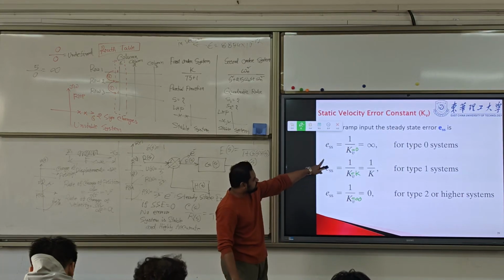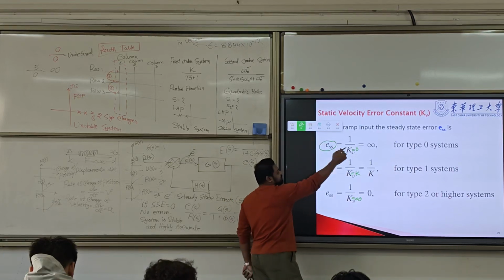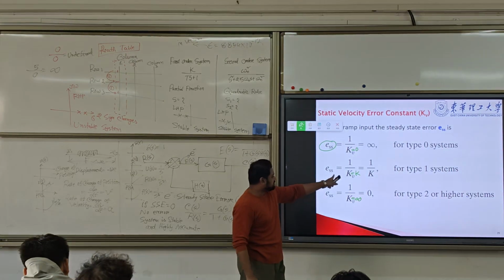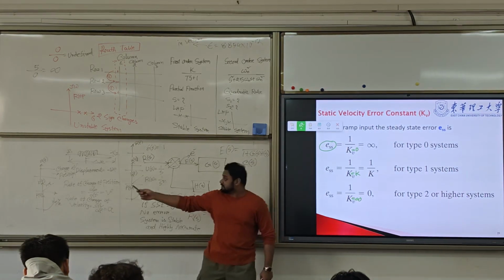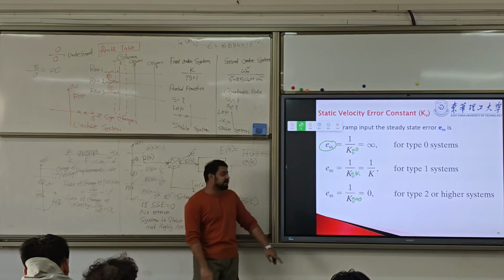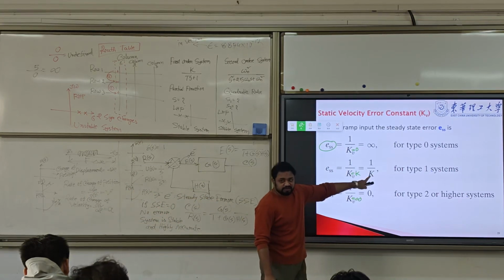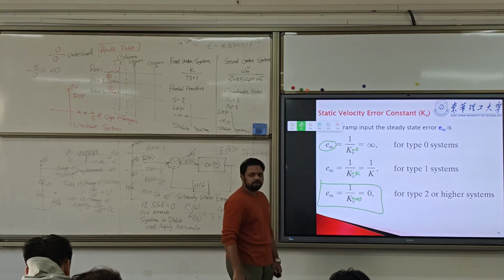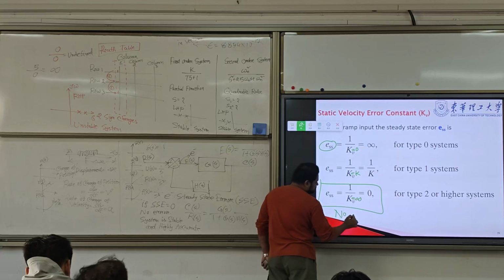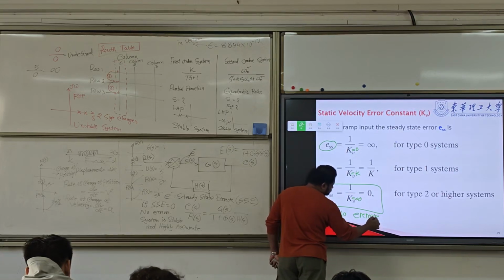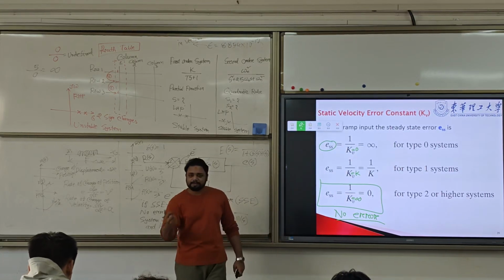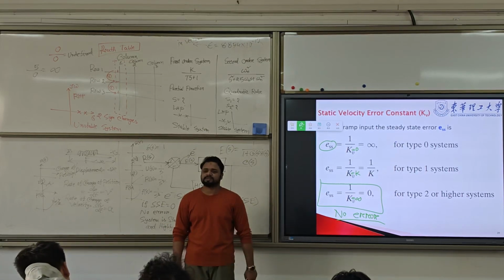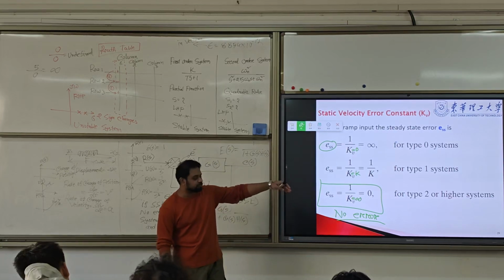So for a type 0 system, infinite error, very high error. For a type 1 system with a ramp signal, finite input, finite error. And for a type 2 or higher system, no error. So if we have a ramp input, then there will be no error for a type 2 or higher system. But for type 0 and type 1, there will be error.